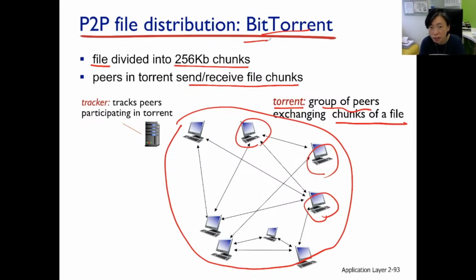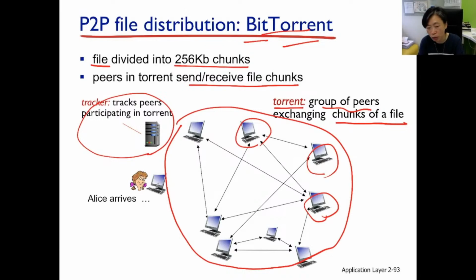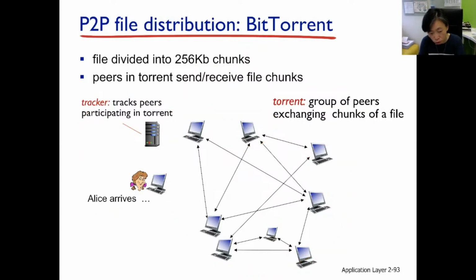So that's BitTorrent. Now, there's one more entity. It's called the tracker. This machine here is actually to bootstrap the process of having a new peer joining the torrent. So when Alice arrives, for example, the system first contacts the tracker, and the tracker in return gives Alice a list of peers.